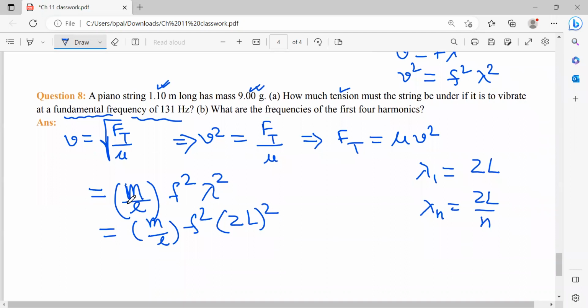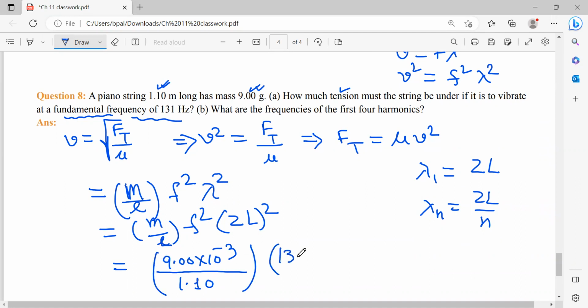Now we can plug in all these values. m is 9 gram, so 9 times 10 to the power minus 3 kilogram. L is 1.10 meter. Basically, this L and this L are the same thing. f is 131 hertz.